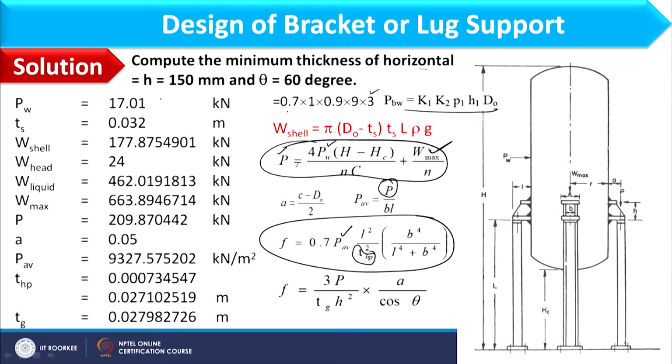Considering all these values we can find P_W like this. Standard thickness of shell is given as 32 mm, and then we need to find out maximum weight of vessel. Now, how can I find out maximum weight of vessel? It includes weight of shell, weight of head and weight of internal attachment. In this case internal attachments are not given, but liquid is given up to 5 meter height.